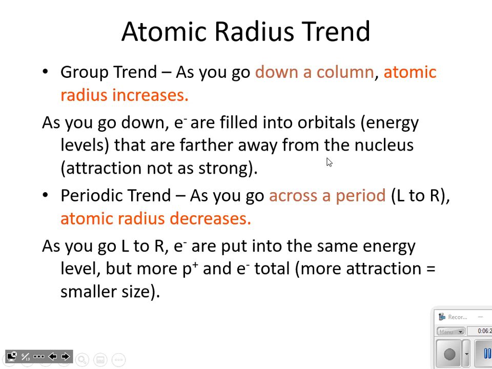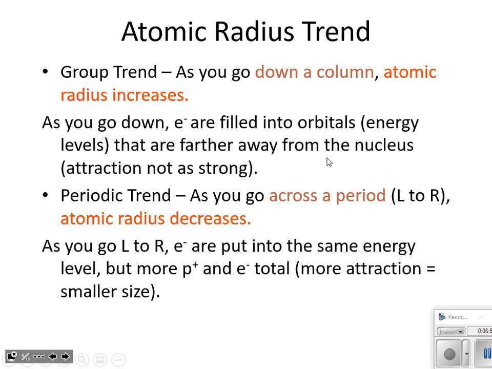However, more protons and more electrons equal more attraction. Therefore, the more minuses are going to be attracted to the more pluses, and it's going to make that radius smaller. Okay? So by adding more protons and more electrons, it's condensing that radius a bit.